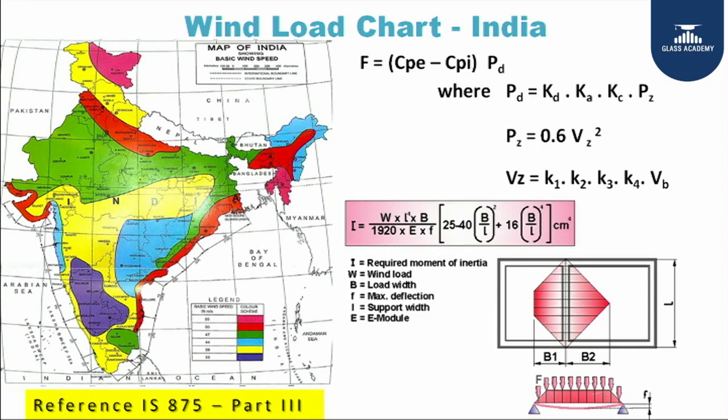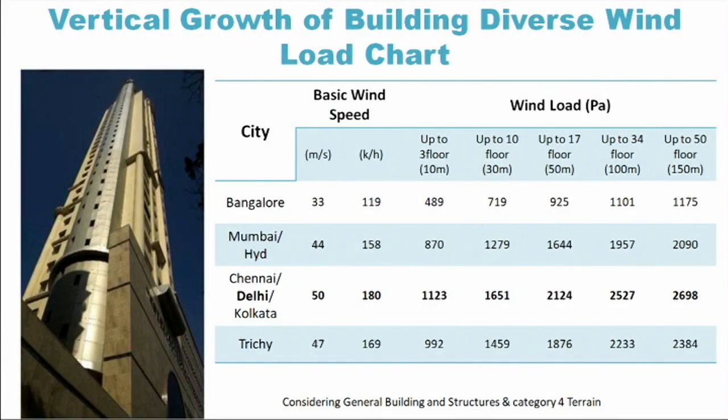To give you a perspective of how the wind load varies in a city, this is the next slide. If you look at the basic wind speed, which is the second column, it ranges from 33 to 50 meters per second.